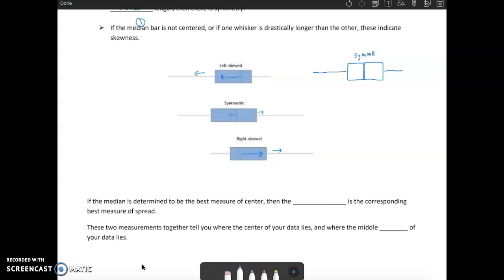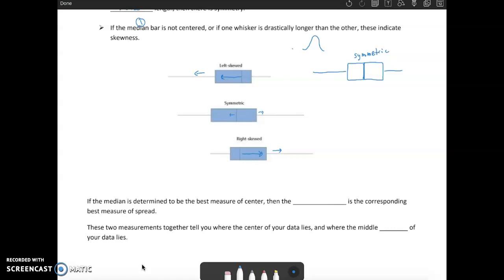Because what we might not see is that the only reason that left whisker is a little bit longer is maybe that lowest data value was really an outlier. So probably what's going on here is that most of the data is perfectly symmetric, but there's one outlier. I would still want to label that as symmetric with an outlier. The whole data set is not, in fact, skewed.